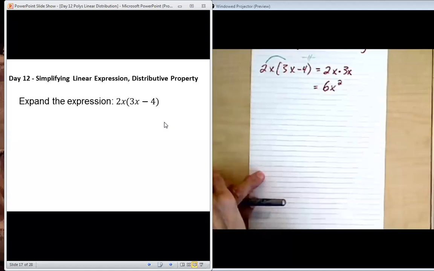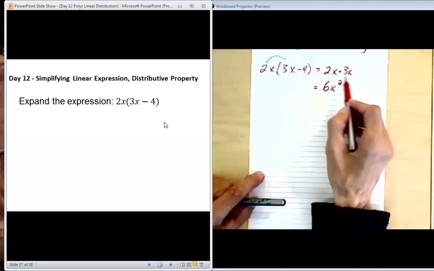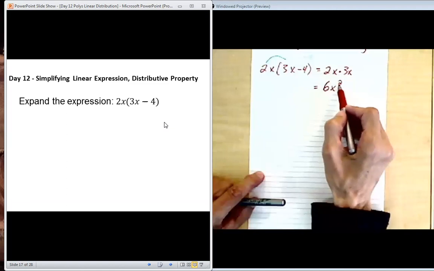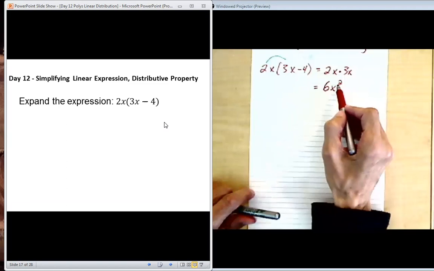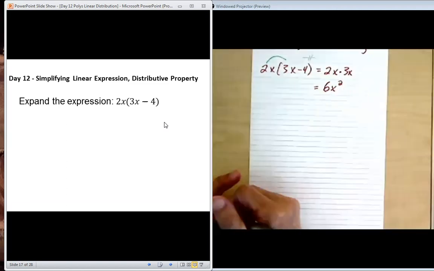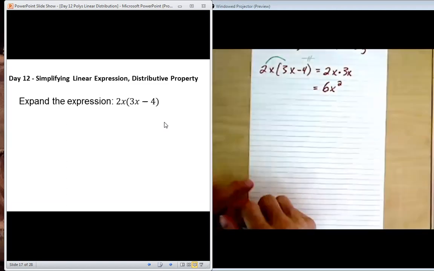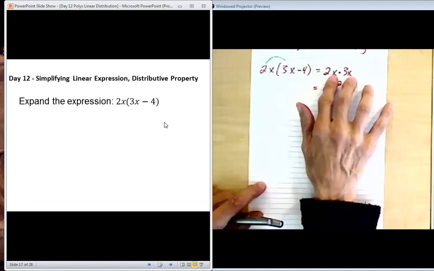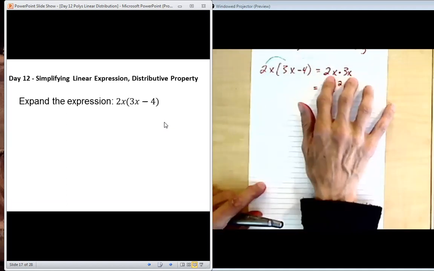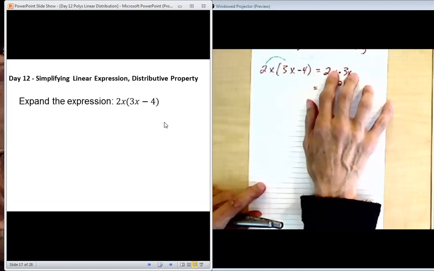When you're multiplying them, now they change. Because look, we have x times x, so what do we do? We add the exponents together. So 1 plus 1, 2.